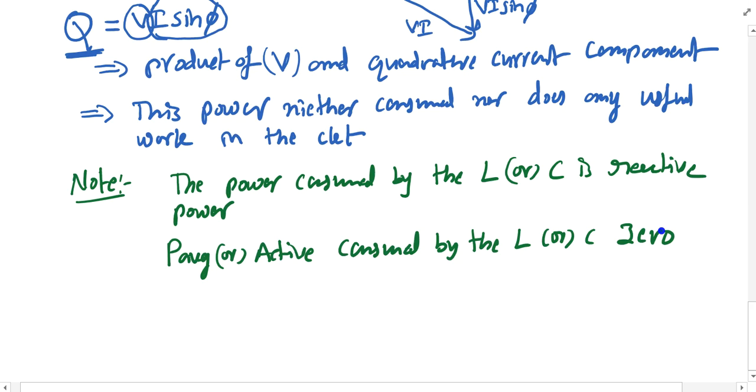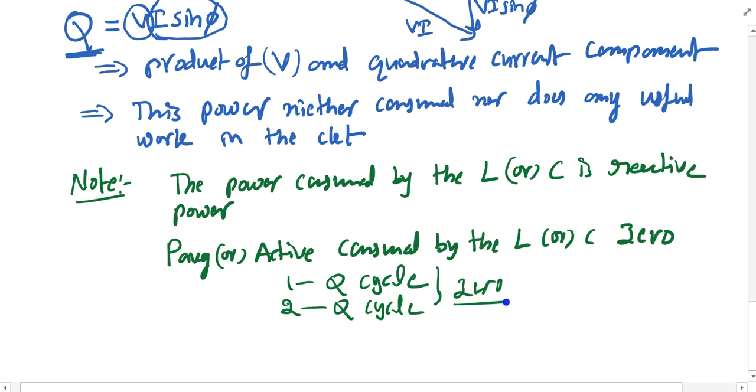Why is it 0? Because L or C takes the power for the first quarter cycle, and in the next quarter cycle it returns the power. So the average of the active power is 0. This concept we have already covered in the previous lectures.